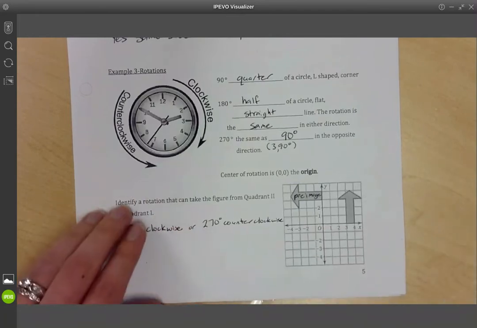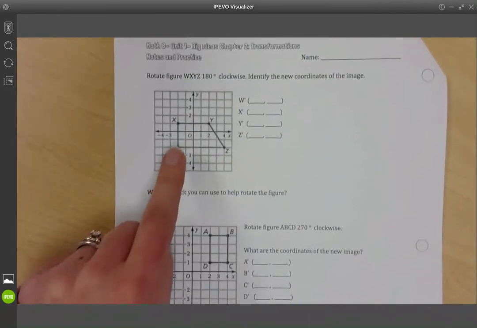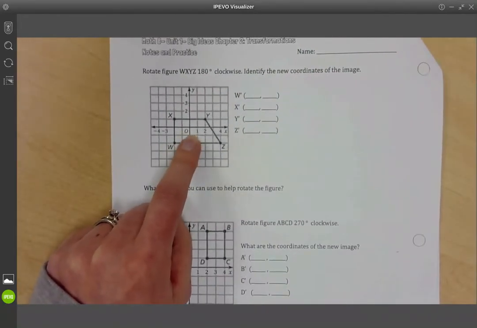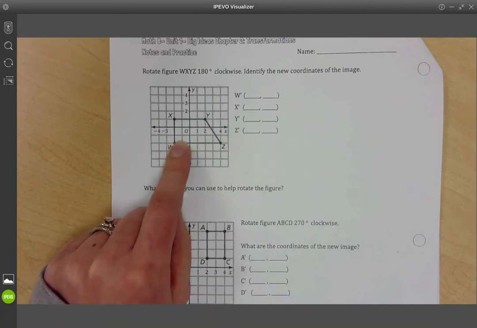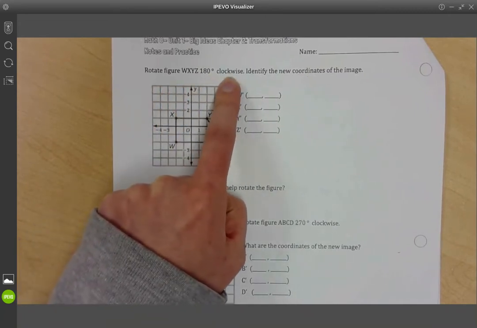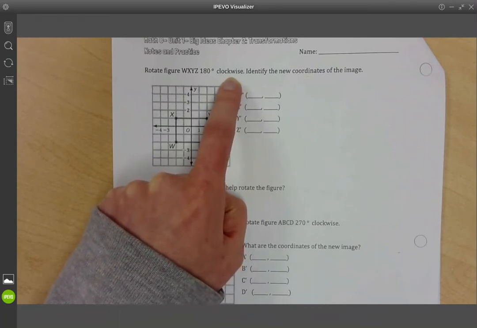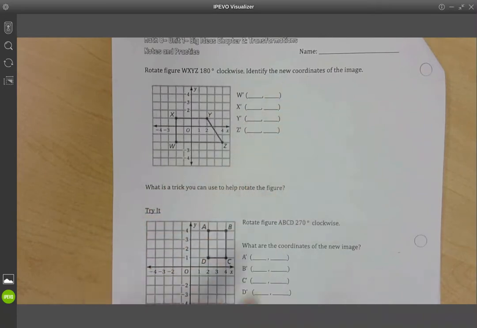All right. Let's keep looking at examples with rotations. Here we have this figure again, WXYZ trapezoid. This time we're going to rotate the figure 180 degrees clockwise. Does it matter whether we go clockwise or counterclockwise? Not really. And we're going to identify the new coordinates.